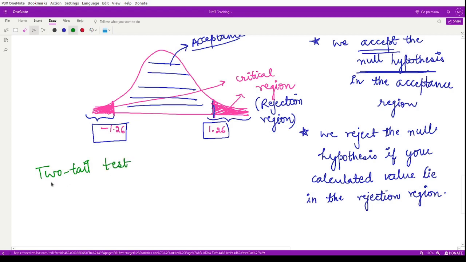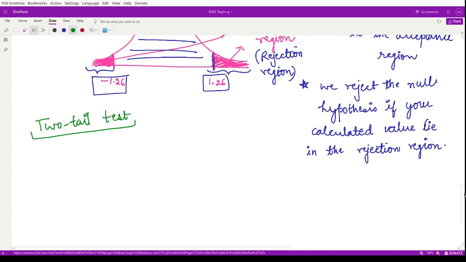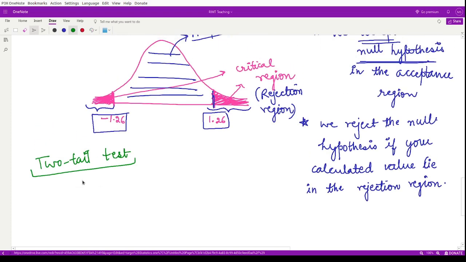Now what is a two-tail test? A two-tail test is used when in the alternative hypothesis you have, suppose for this population, this is the whole population, two samples. For these two samples, suppose the mean of the first sample is x1 bar, and for the second sample it is x2 bar, say, right?